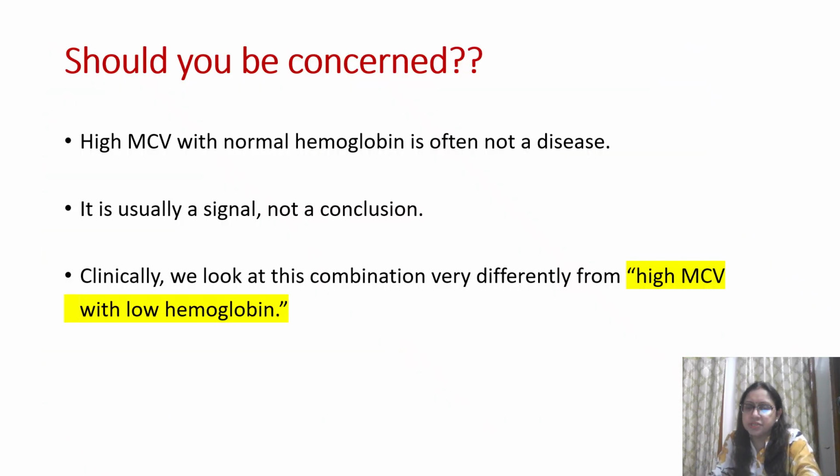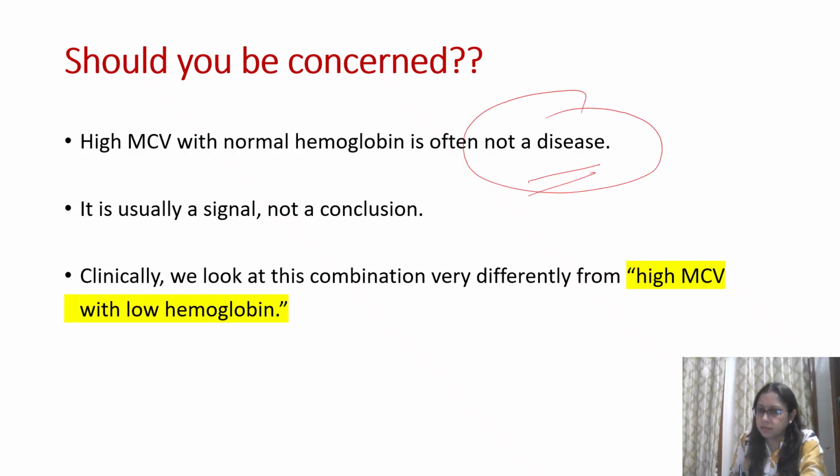So as I asked you initially, should you be concerned when your CBC report says you have high MCV but normal hemoglobin? It is often not a frank disease, but it is a signal which you cannot ignore.